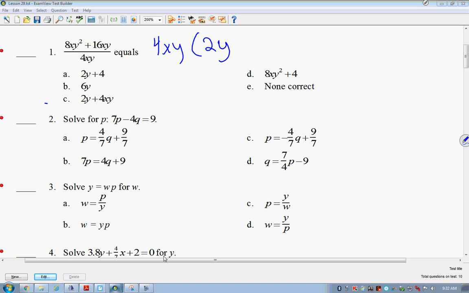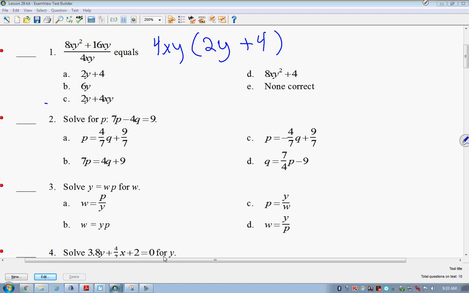What's 16 divided by 4? 4. And xy divided by xy, those cancel out. And what's 4 divided by 4? 1, and the xy's cancel out. So I'm left with 4xy times 2y plus 4, all over 1.